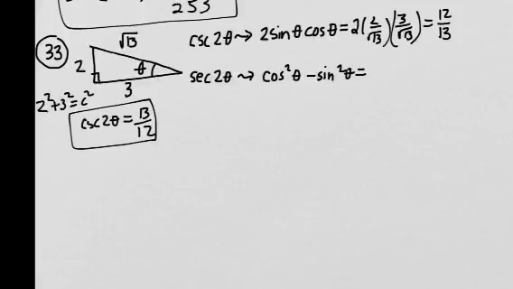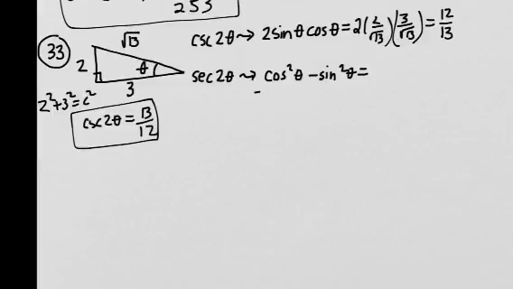Okay, the reciprocal of secant 2 theta is cosine squared theta minus sine squared theta, because that's the formula right here. This formula is for cosine 2 theta, and it's actually one of 3 choices, so I could have picked any of the other 2 if I wanted to. So cosine squared theta, cosine is adjacent over hypotenuse, so that's 3 over square root of 13, squared, minus 2 over square root of 13, squared.